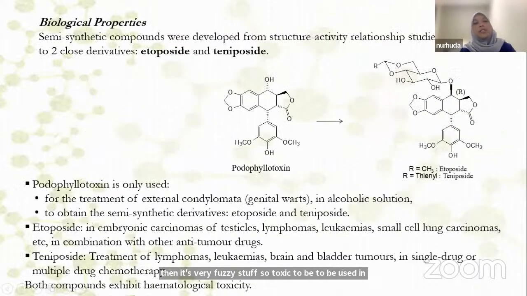All right, so this is just a little bit further about the story of podophyllotoxin. Since it's very toxic, we modify the structure and add sugars, and then we have etoposide and teniposide.